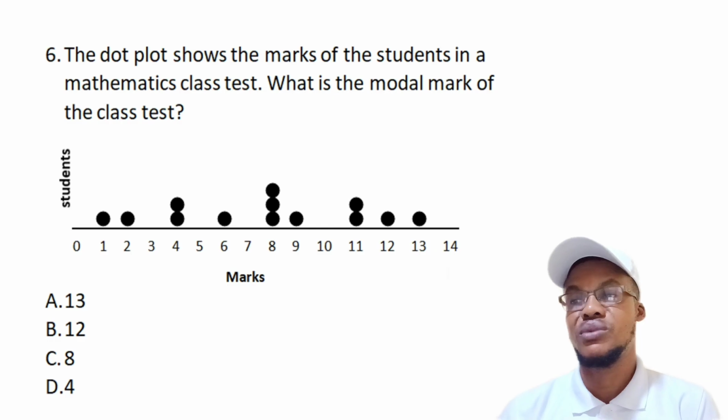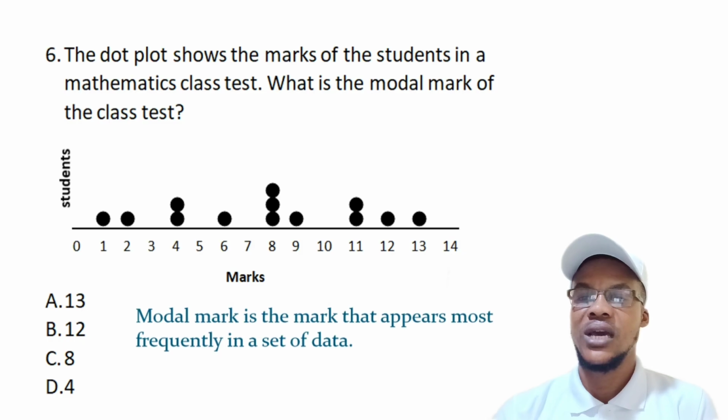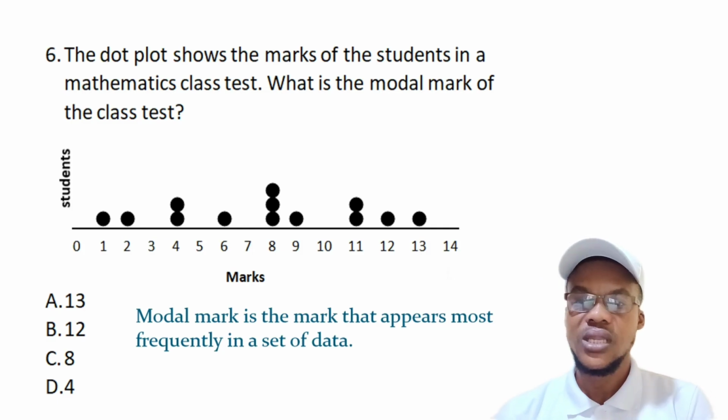Now what do we mean by modal mark? The modal mark is the mark that appears most frequently in a set of data. The one that occurs most often, that you see plenty of times in a set of data, qualifies to be the modal mark.